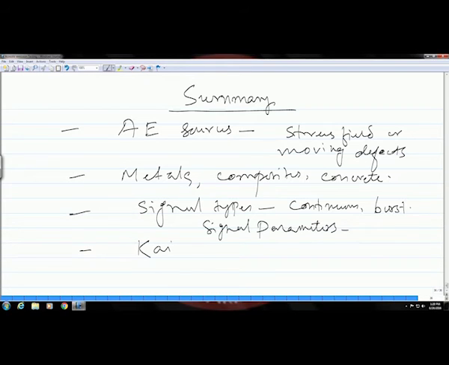Then we talked about these two effects, Kaiser-Felicity effect, which describe the relationship between the loading history and the acoustic emission events.